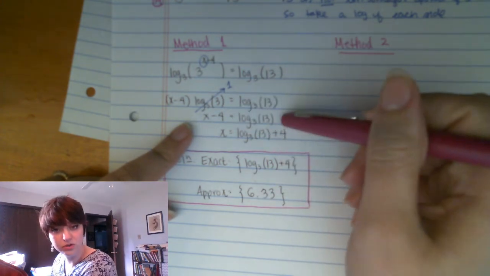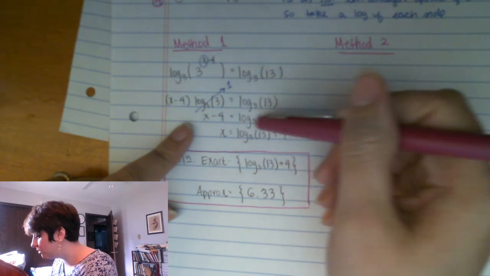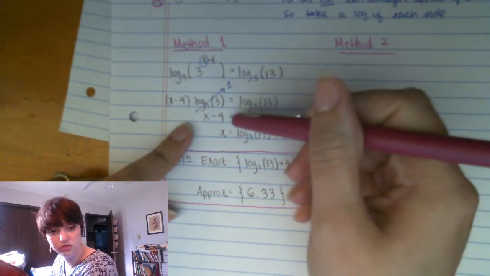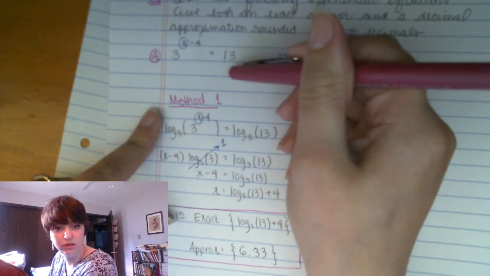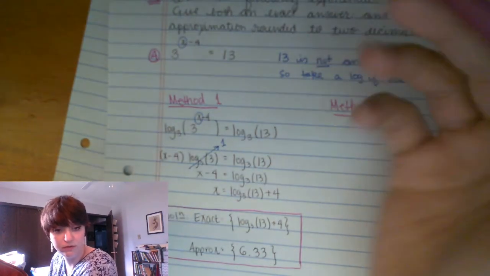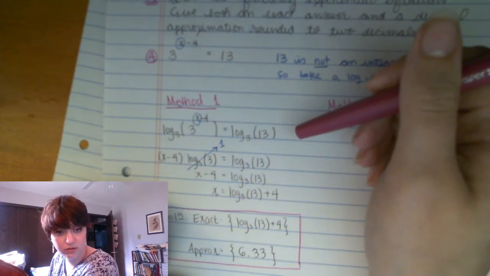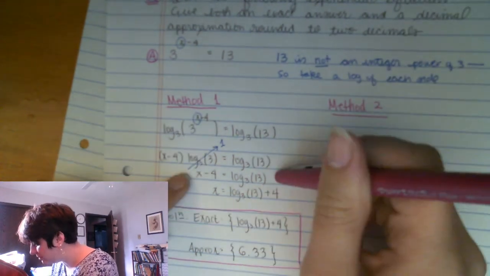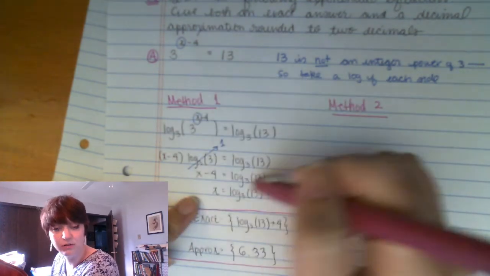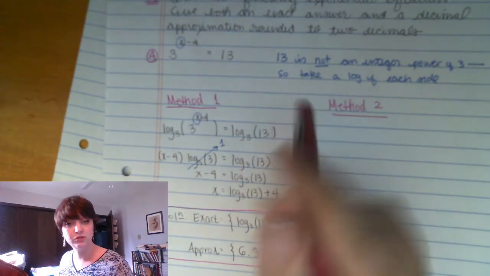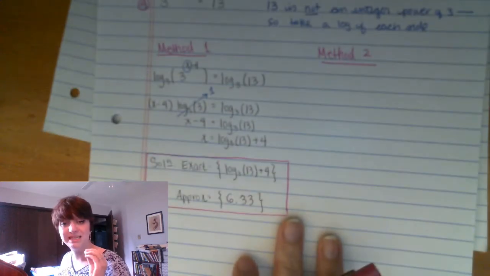Remember, logarithms are exponents. This is the power that you raise 3 to get 13, which, if I knew what that was, that's what I would have done right here. I would have just written 3 to the 2.3 or whatever number I needed, right? So here I am equating the powers, and then I solve for x. This is exactly what we did in 7.3. I know it feels weird, I know it looks weirder, but it's the exact same thing.